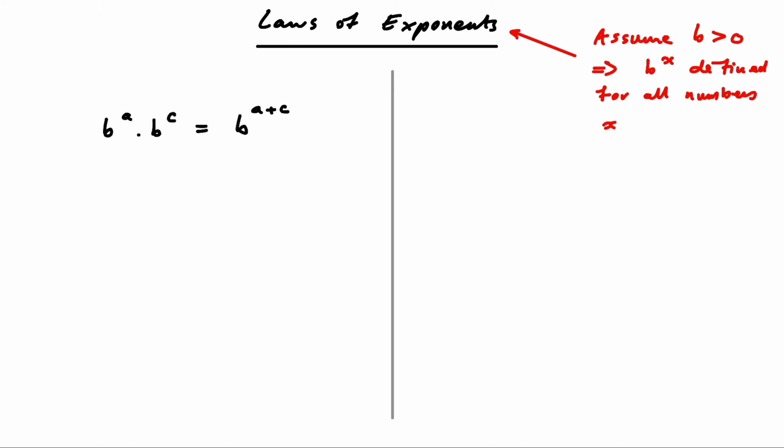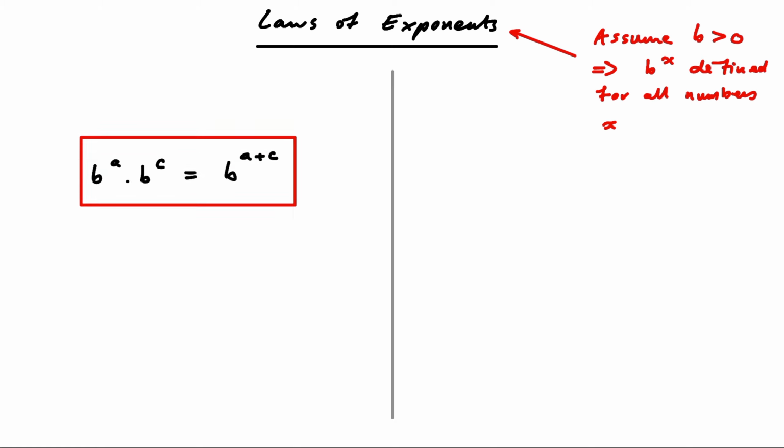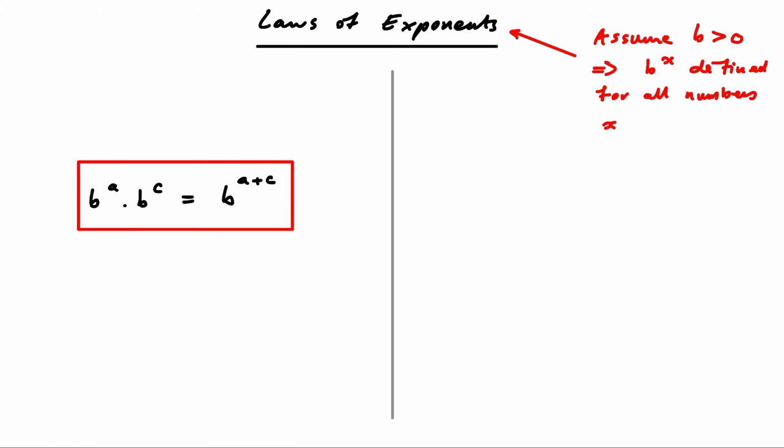This is an incredibly important property. So let's just see an example of this in action. I want to give you examples which are indicative of what you're going to see in your calculus classes and other things like this.